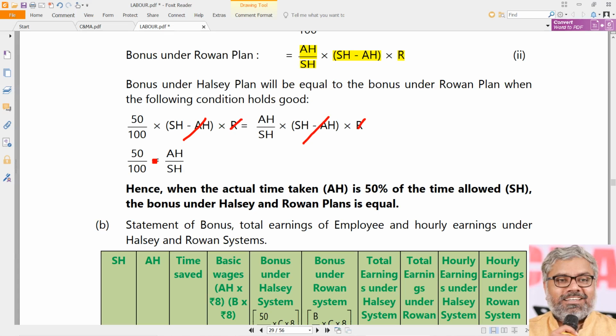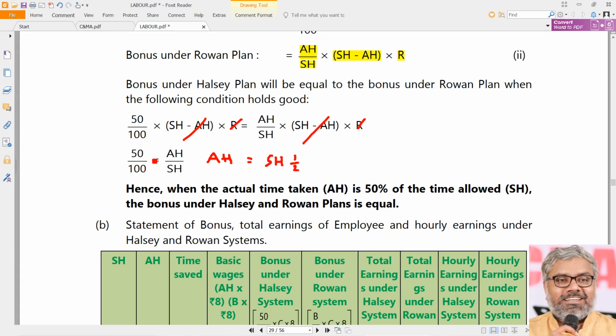If you just cross multiply, actual hours is going to be 50% of standard hours. Standard hours means time allowed, so standard hours into 50%, or half of that.